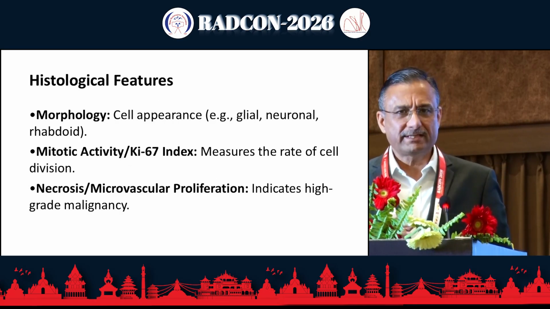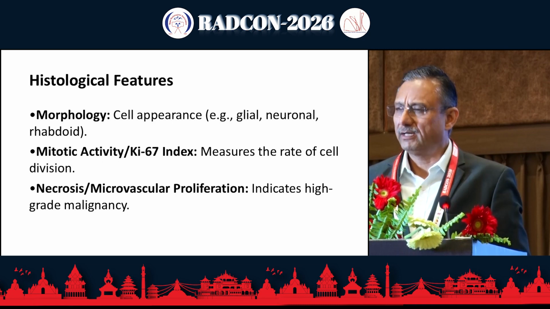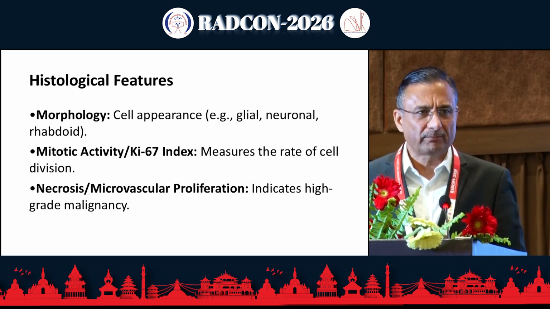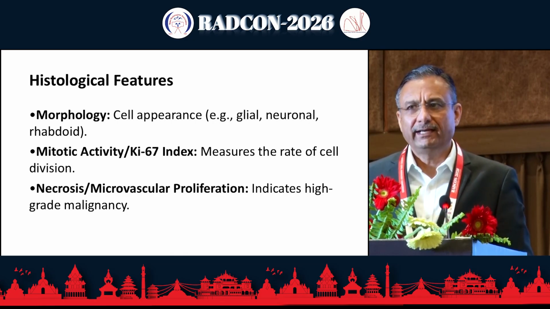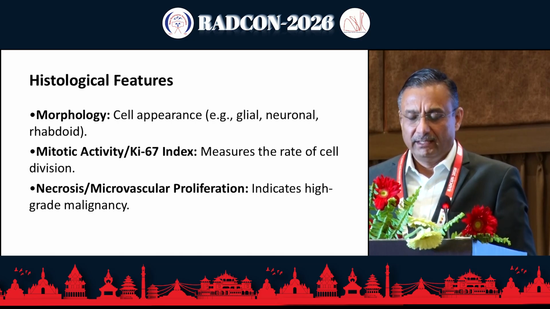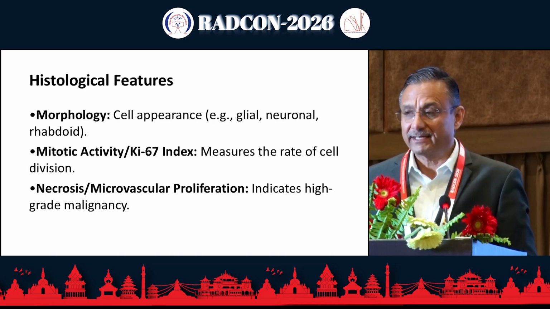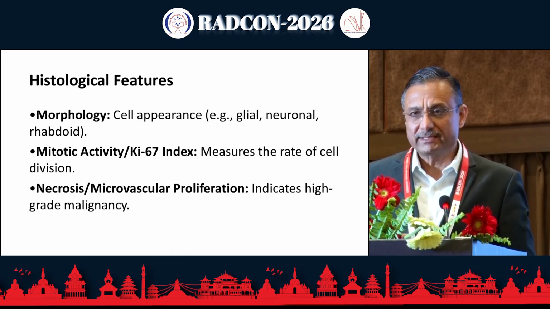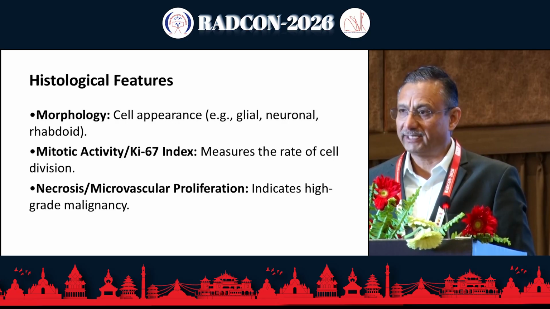As far as histology is concerned, we should be able to understand what the pathologist has written so that we can learn from that and also correlate it, and will also be helpful for us during follow-up. What is the primary cell type? Is it glial or neuronal? Is the mitotic activity high? Is there necrosis? And is there microvascular proliferation?